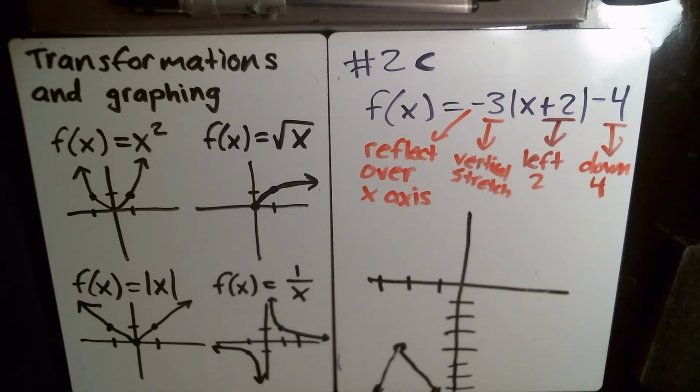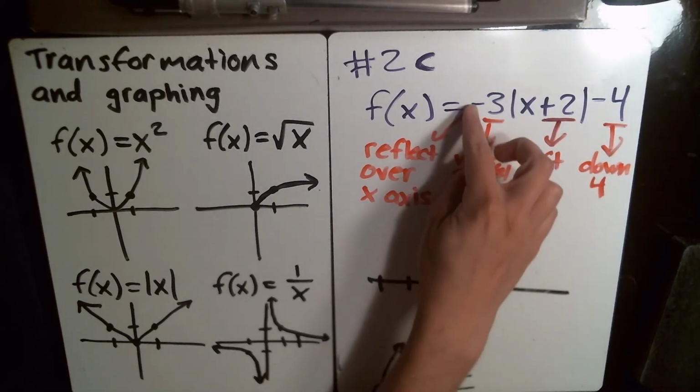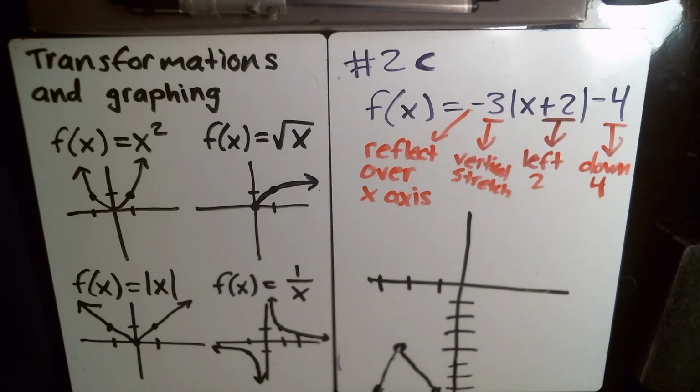If this was like a 1/2 here, it would make it a wider shape. And negatives flip it upside down, okay? So hopefully that helps give you a brush up on how we did this, and I'll let you guys work on the other ones. You can check the answers and see how it goes for you.